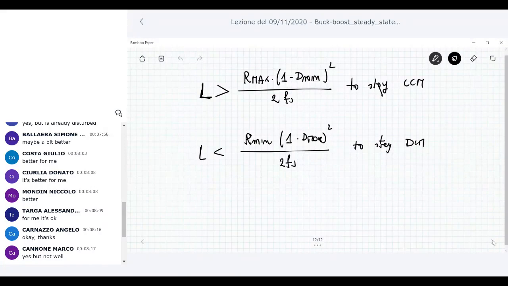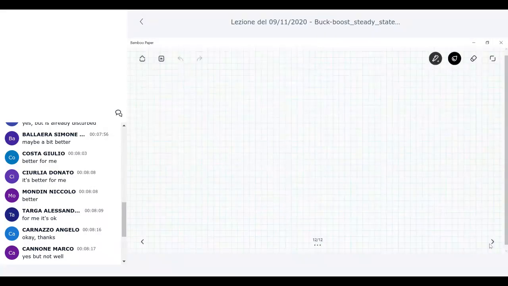Do you have questions about these derivations? I think that at this point you should quite understand the correct procedure for each converter. If you have a problem, you can say something.